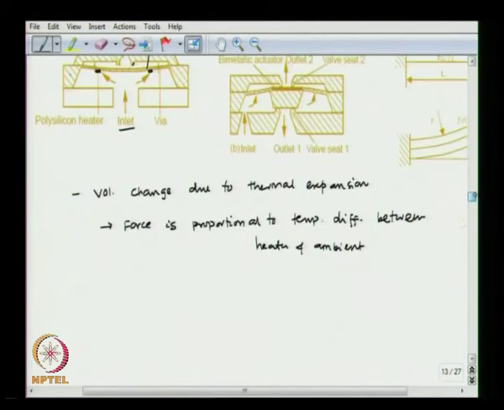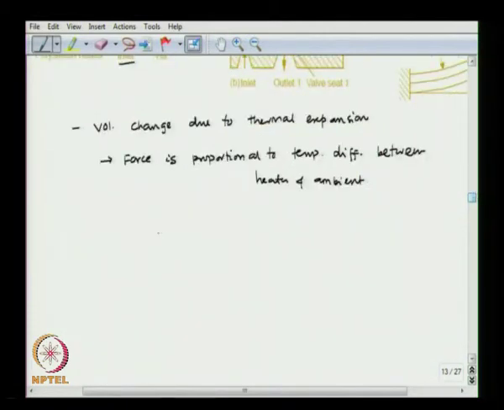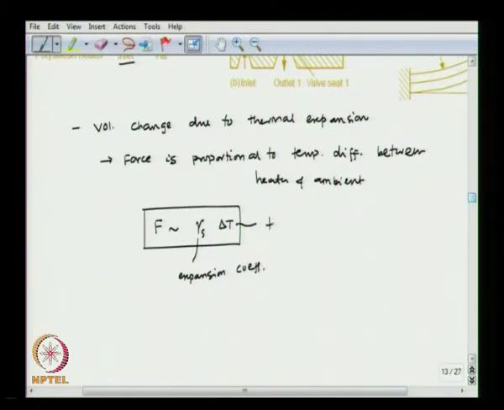Okay. So, that force is going to be proportional to gamma s, which is the expansion coefficient, into delta T. So, this is the expansion coefficient, and this is the temperature difference.